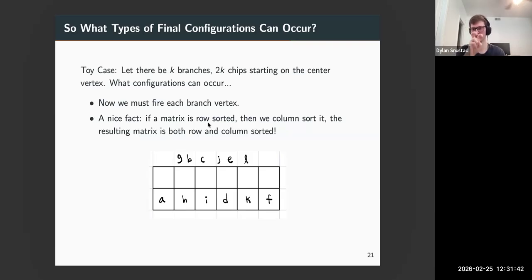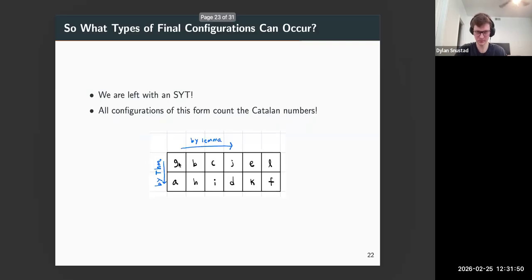So both rows, where this is one row and this is one row, are still row sorted. So when I fire back, we're left with SYT. It turns out that whenever you're in this case, you're actually counting the Catalan numbers. So we've recovered the Catalan numbers by chip firing.